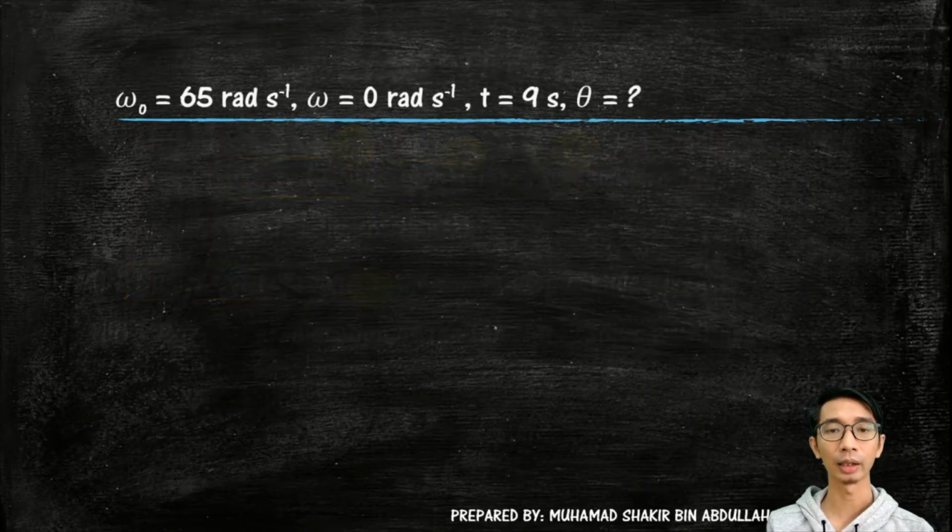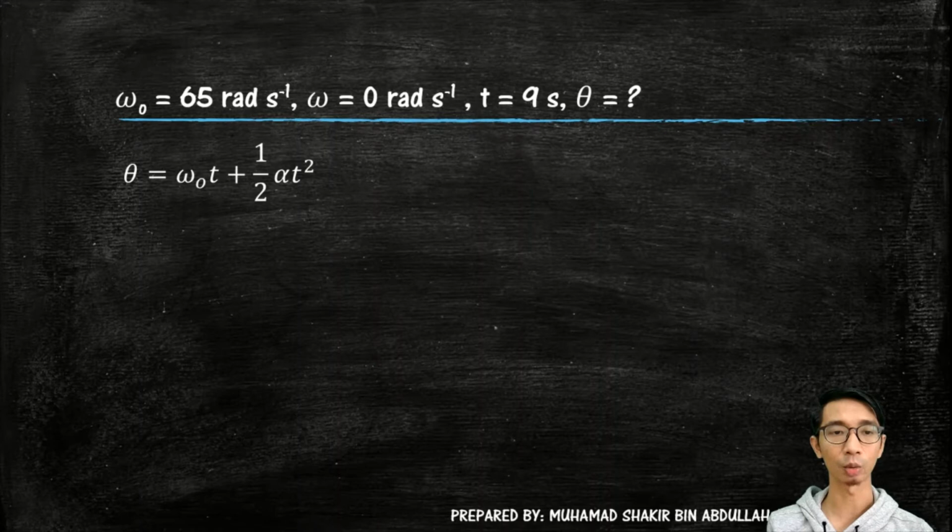First we start with our equation: theta equals omega naught t plus half alpha t squared. Since we want to calculate theta, and we already have theta on the left hand side, there is no need for rearranging, just substitute the information.